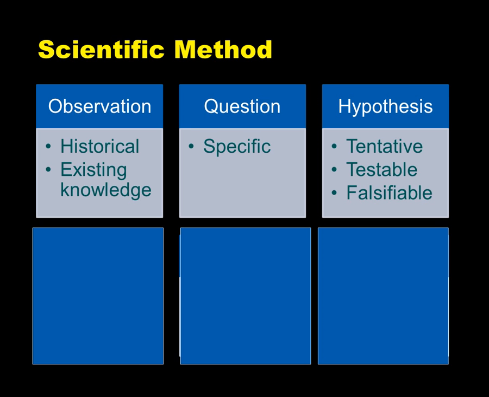Okay? And so the hypothesis, when you take lab, you're going to design it as an if-then statement. So, for example, if I wanted to test if it snowed overnight, I could have designed a test before I walked out of the house.